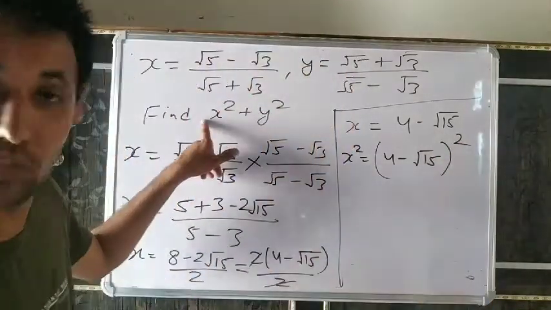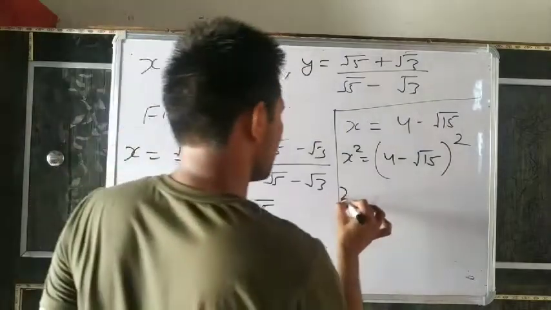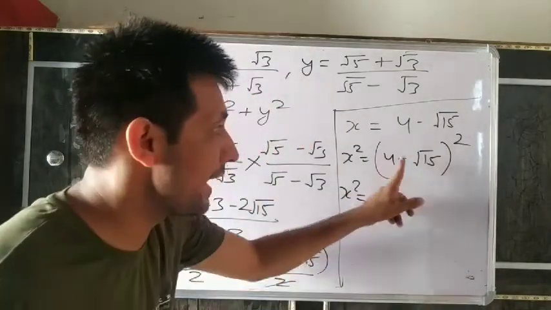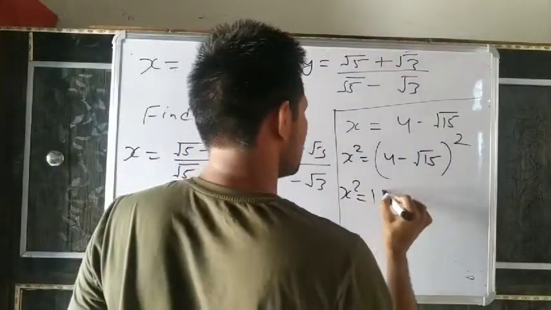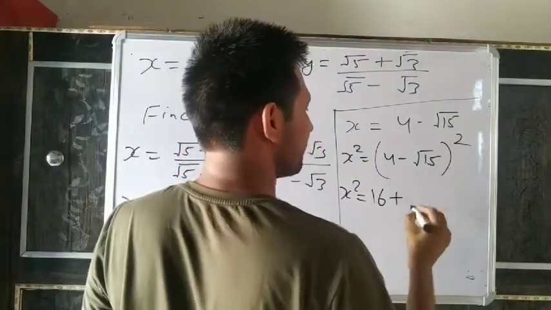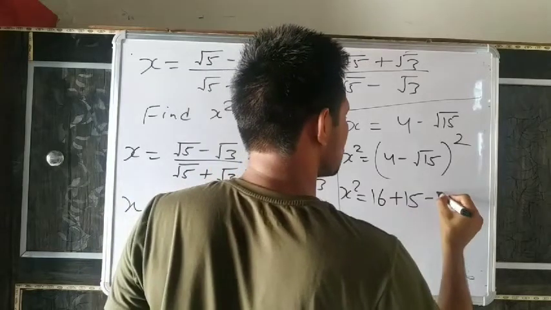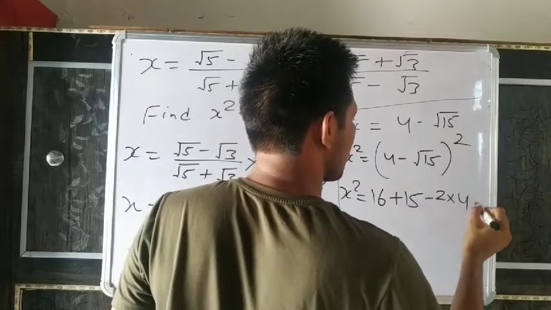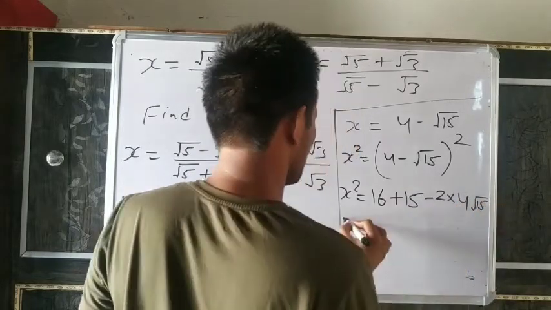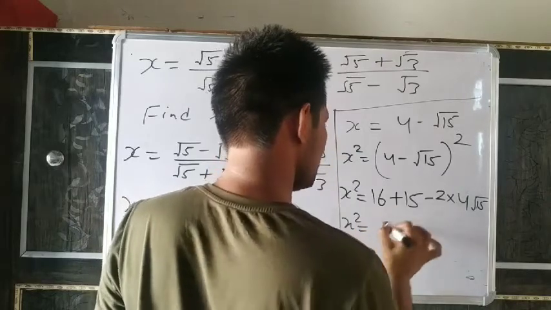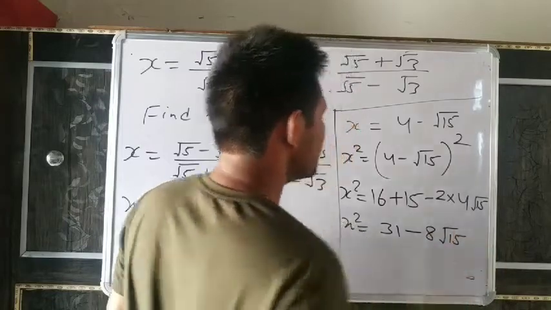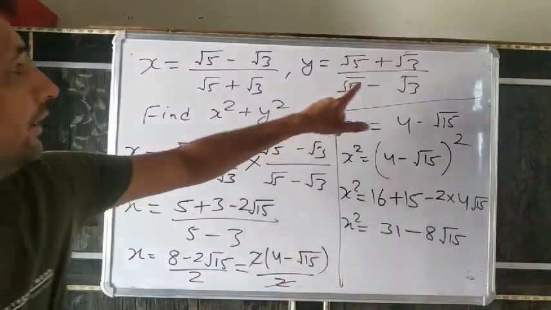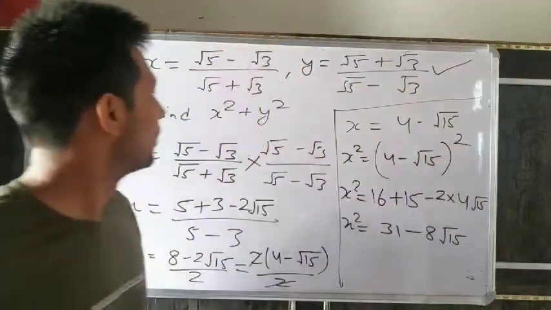Yes, x square we want to find. So x square equals, by the formula a minus b whole square, a square 4 square 16 plus root 15 square 15 minus 2 into 4 into root 15. So what is x square? 31 minus 8 root 15. Same as this, we can find the y value.